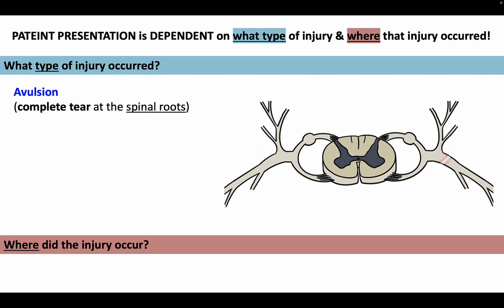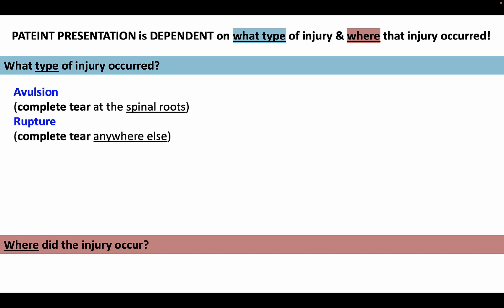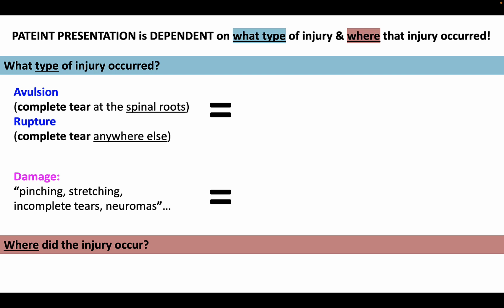So this is complete tears of rami, mixed spinal nerves. Damage is different. Damage is an injury that doesn't 100% break all the neurons. Things like pinching, incomplete tears, neuromas, which is a benign nerve tumor, and stretching are going to cause issues, but in a very different way. Avulsions and ruptures cause complete losses of function.